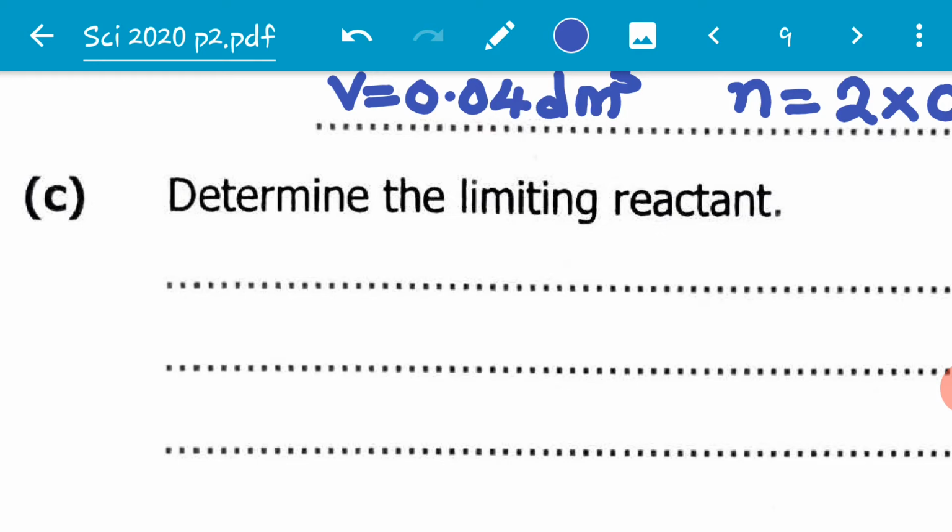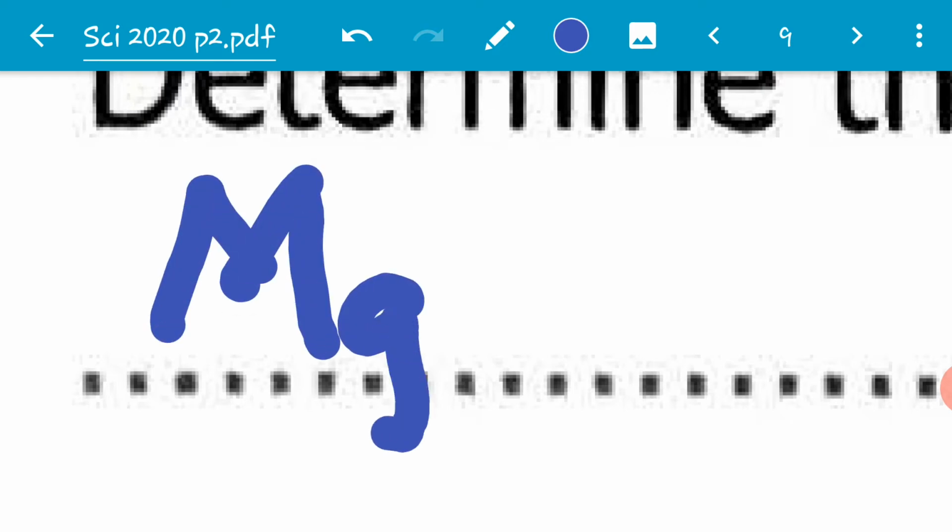So we only have 2 reactants, and these 2 reactants are magnesium oxide and nitric acid.